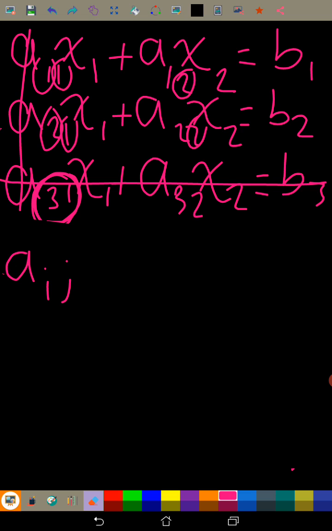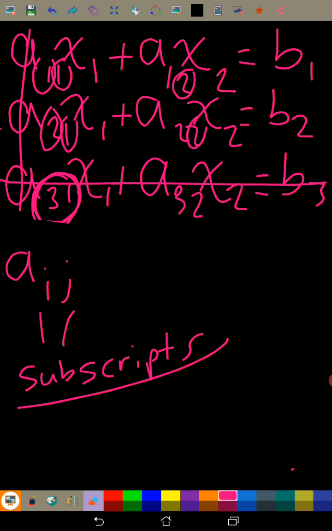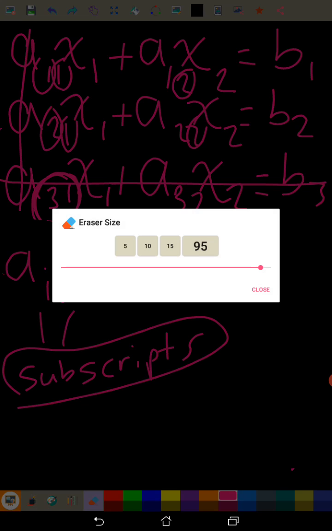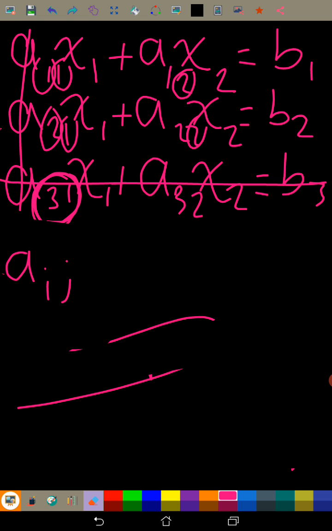The first subscript, the second subscript, ij, indicates the equation in which the coefficient occurs.